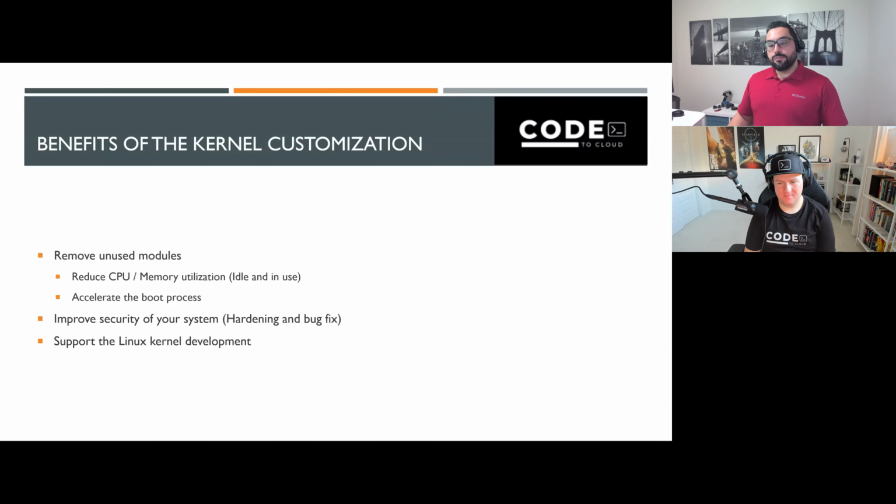So when you remove those modules, the first thing, you accelerate your boot process. So every time you need to patch your server, it's so much faster. It reduces your CPU and memory utilization, both in idle and in use. I did that test many times, but I redid that test last week again to make sure that I'm not seeing anything wrong. On my computer, I deployed a brand new server and had some applications running to create a fake scenario.